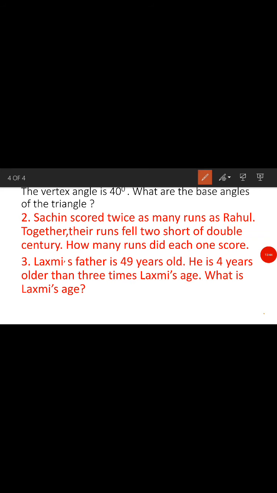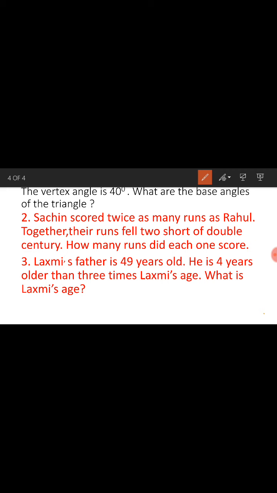Students, let's go with the second question. Now I have only solved the third one, so let it be. We will go with the second now. Sachin scores twice as many runs as Rahul. Rahul's score we don't know, so Rahul's score will be x and Sachin's score will be 2x. Together means their sum, 2x plus x.